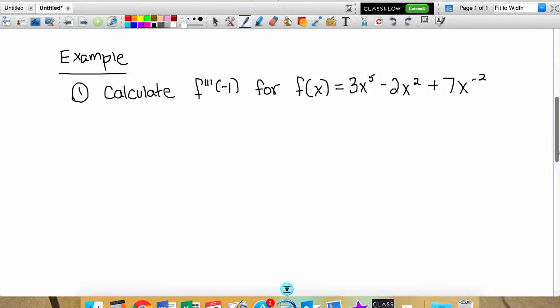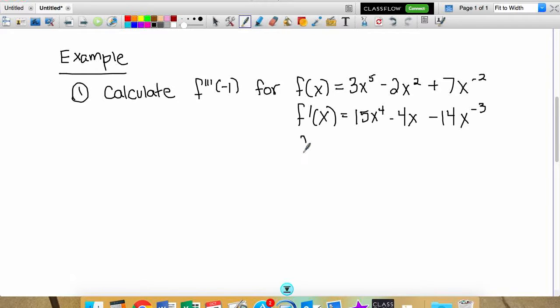So let's take a look at this function. F of x equals 3x to the fifth minus 2x squared plus 7x to the negative second. To find the third derivative, we need to find each prior derivative. So we begin with the first derivative. F prime of x is equal to 15x to the fourth minus 4x, technically to the first, minus 14x to the negative third.